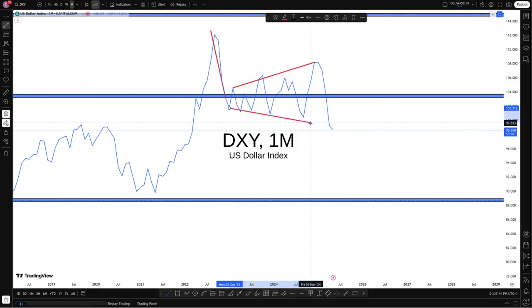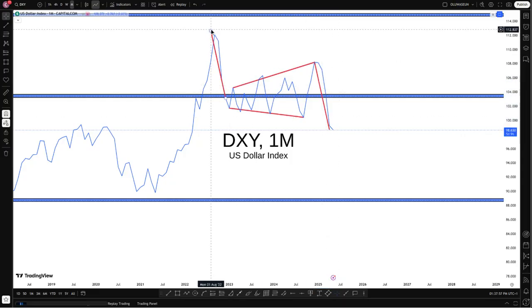You can see this became an impulsive push. This becomes a correction, so it gives me a sense that we are supposed to continue the sell setup. So this just gives me a push, a correction, a continuation.